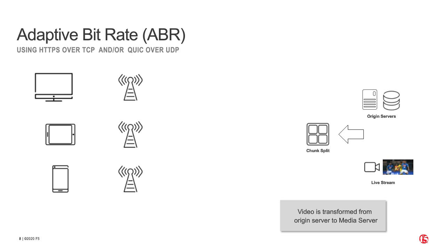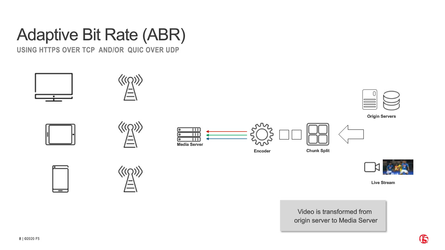Then every chunk is sent to an encoder, which is encoding all the chunks at a specific resolution. Typically, the resolutions go from 240p up to Ultra HD, so 4K. In this slide, we are just showing three options to make the slide easier to read. And then the chunks at the different resolutions are sent to the media server.